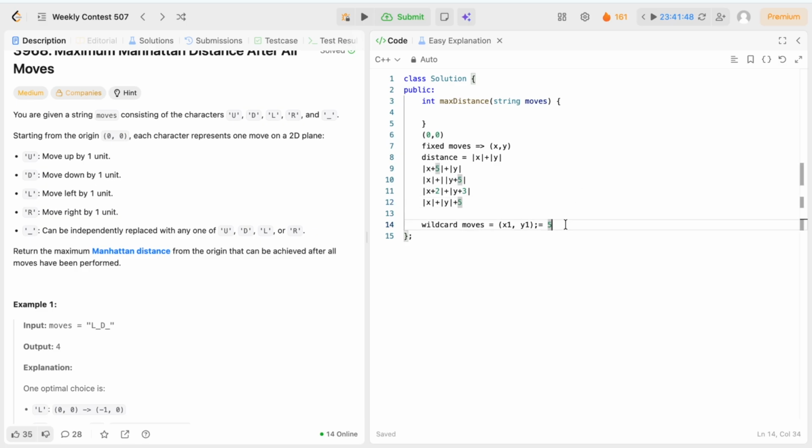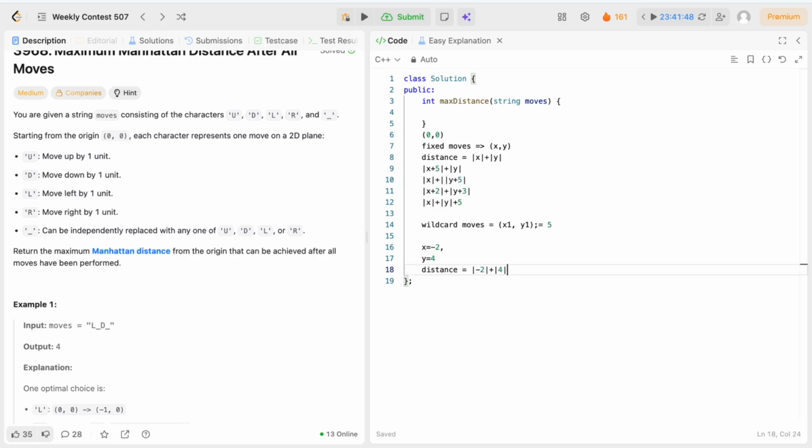Now consider x equal to -2 and y equal to 4. So initially the distance equals |-2| plus 4, so it is 6.